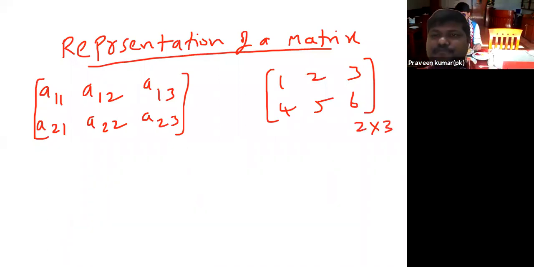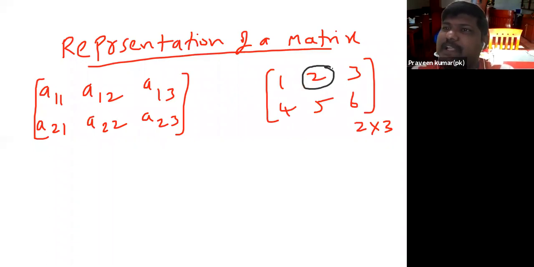So how we are representing a matrix: suppose we want this particular element. What is the position of that element? First row, second column, correct? First row, second column, A12.